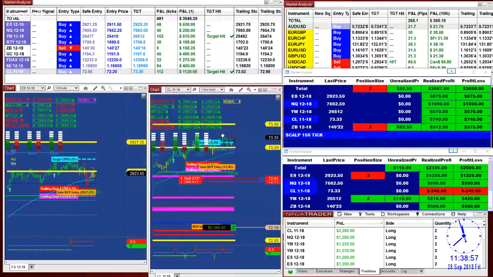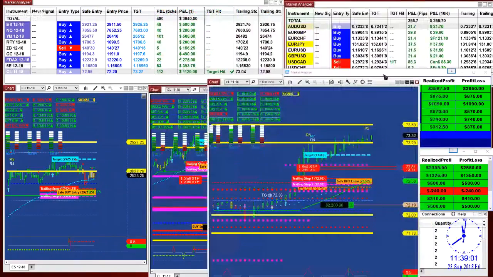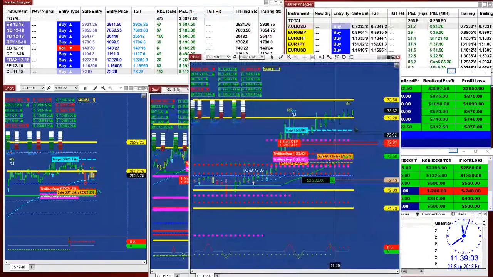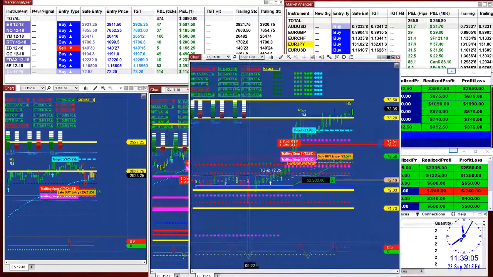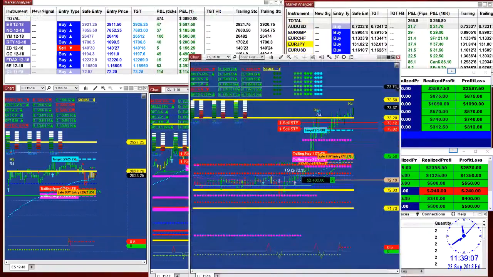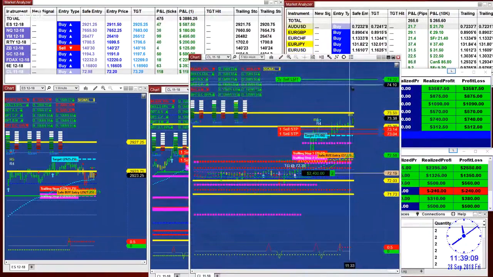CL. We called that trade a long time ago. I don't remember the number. And now we are going back again, and the final destination on the CL is 74.10.